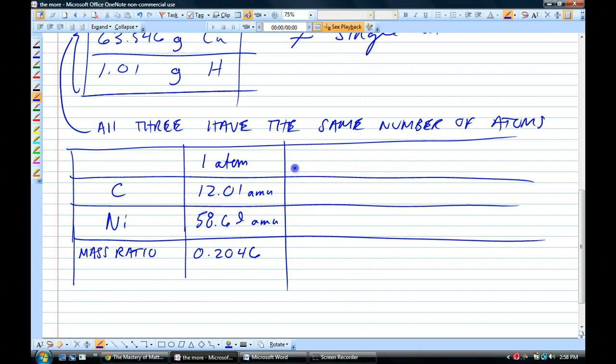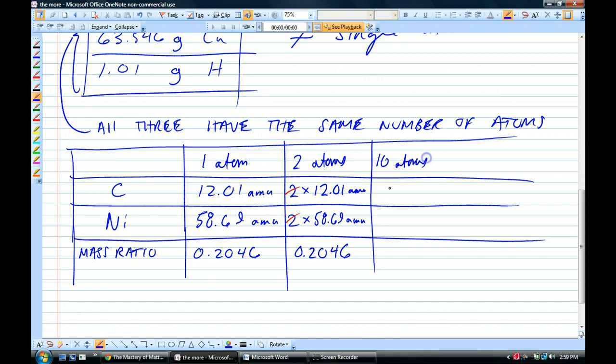Now, what if I take two atoms? Well, for two atoms, I would have 2 times 12.01 AMU, and 2 times 58.69 AMU. And my ratio then of carbon divided by nickel would still be the same, because, of course, the 2's cancel. Right? Now the same thing would happen if I did 10 atoms, for example.